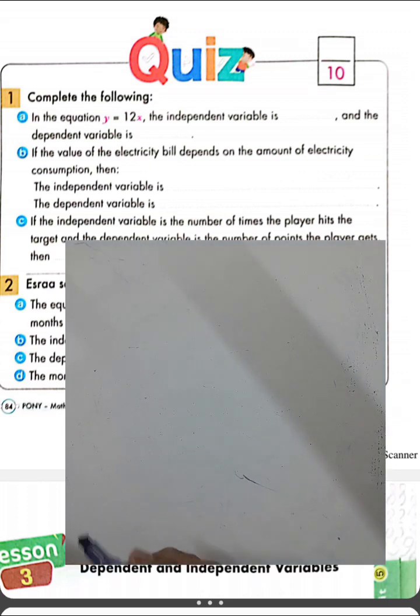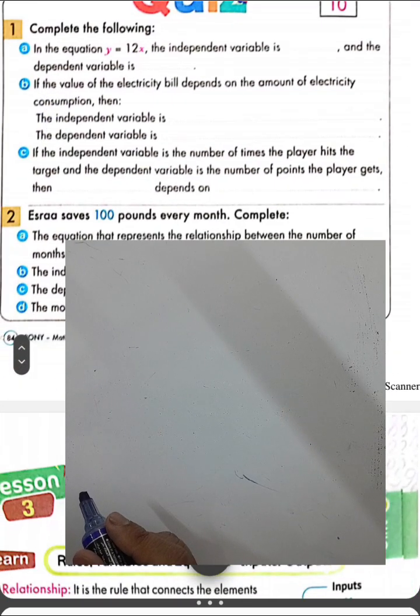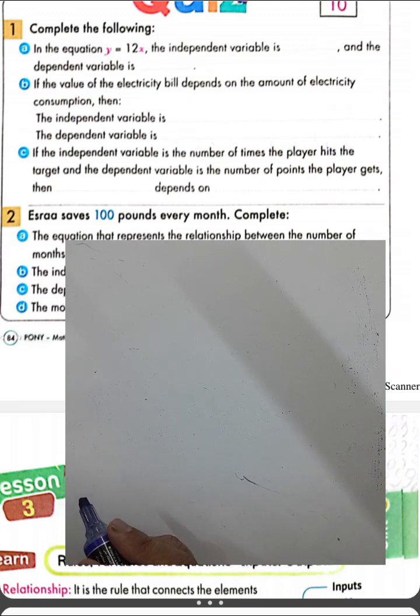Letter C. If the independent variable is the number of times the player hits the target, and the dependent variable is the number of points the player gets, then the blank depends on, meaning independent.